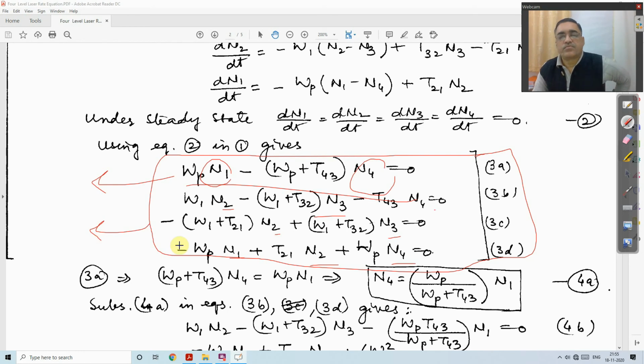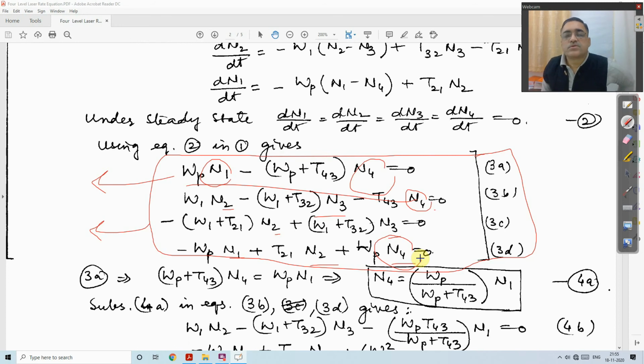Here we have, if I substitute N4 in terms of N1, then I have 2 equations in variables N2 and N3 and N1 and N2.